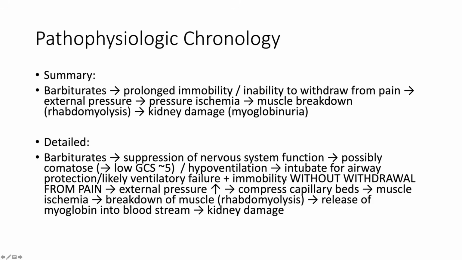Either from the intubation or from being immobile for so long before, the external pressure compresses the capillary beds, leading to muscle ischemia and breakdown of muscle, rhabdo. There's myoglobin and potassium and other stuff within the muscle, and when you necrose, all that leaks out. The myoglobin can damage the kidneys, GFR would decrease, which would increase your creatinine.